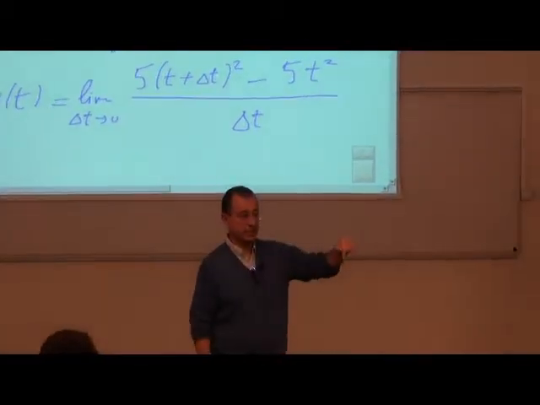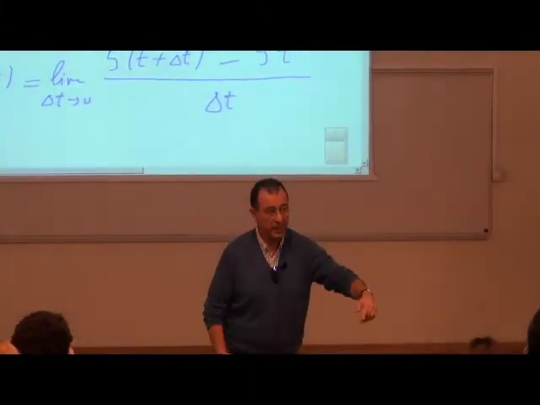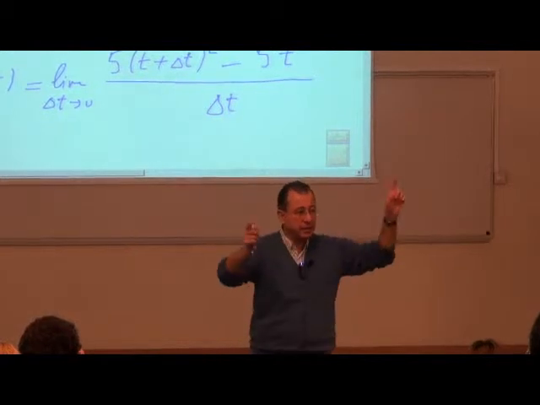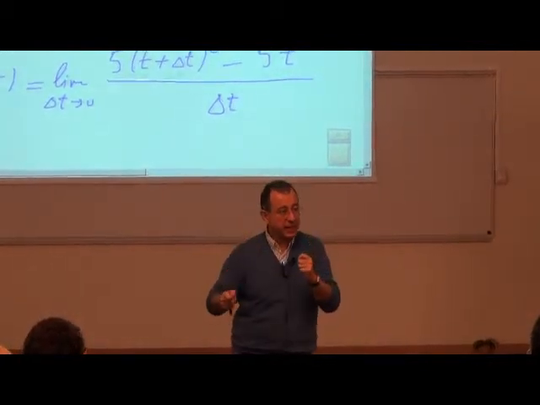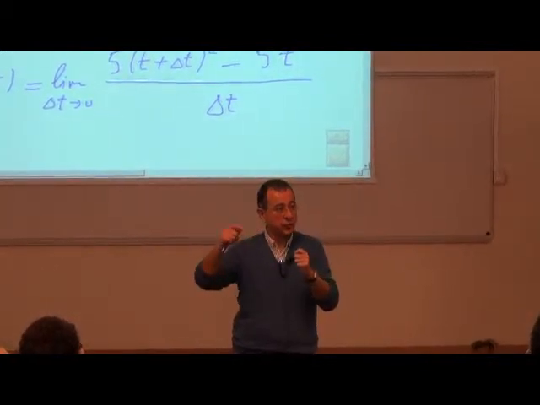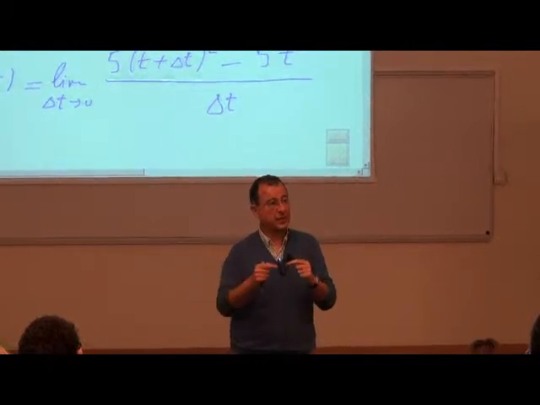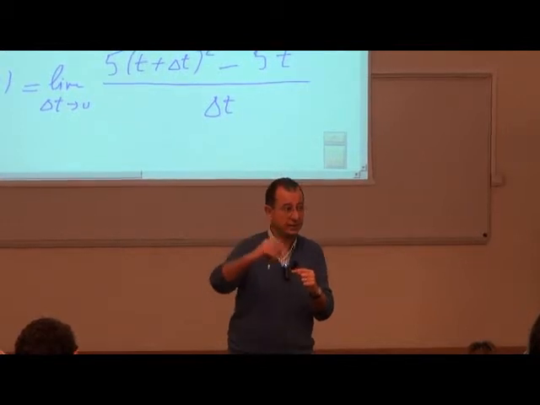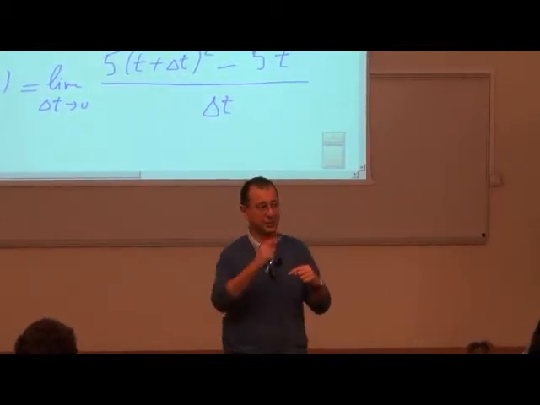In this example, I have already measured x at t, and I have made a table, I have made a graph. I know that at any time t, x equals 5 times t squared. When t was 1 second, x was 5 times 1 squared, 5 meters. When t was 2 seconds, x was 20 meters.